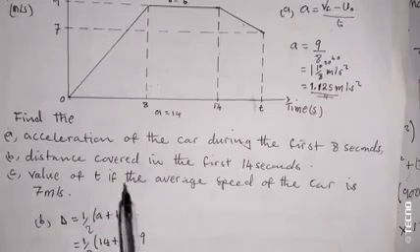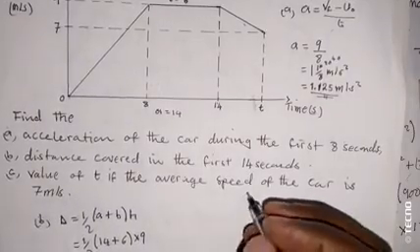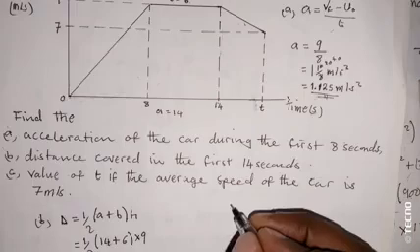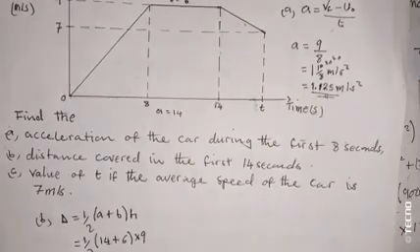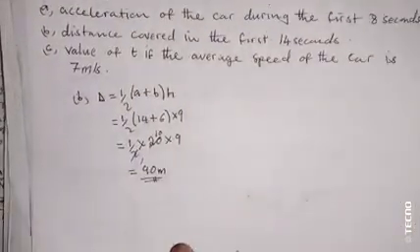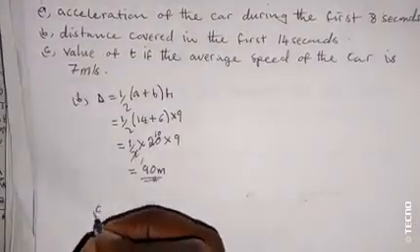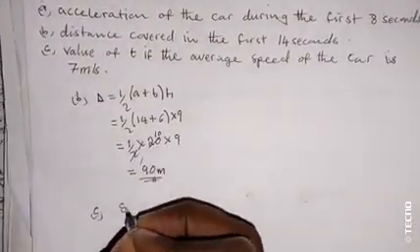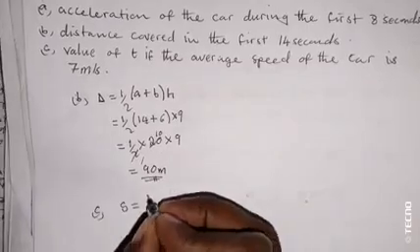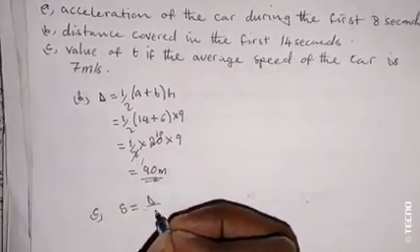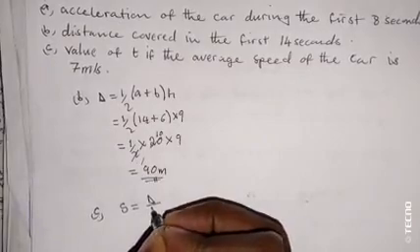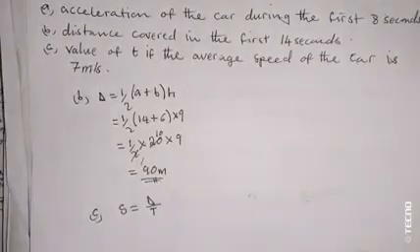Remember, we are told the average speed of the car is 7 meters per second. The formula we use is speed is equal to distance over time taken.